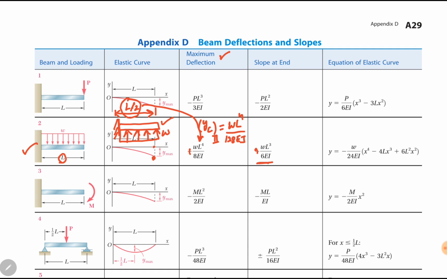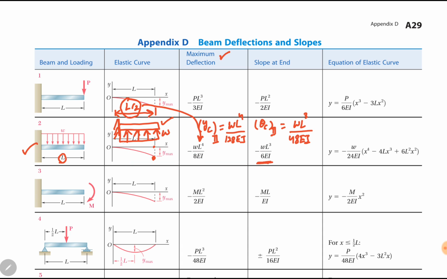Similarly, in this expression, we will put L equal to L by 2. So theta C2 becomes WL cube divided by 48 EI. Just remember, I have used positive sign with both these terms YC2 and theta C2 because our load is upward.